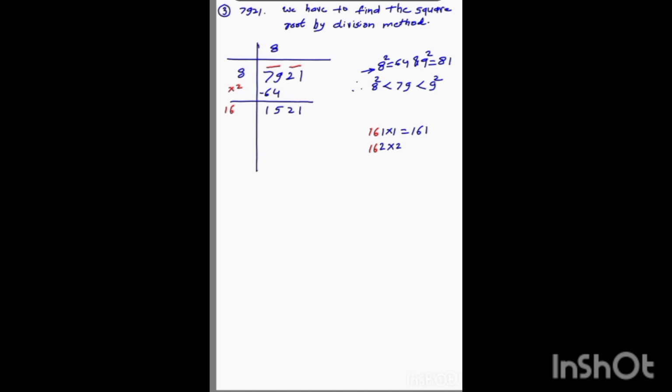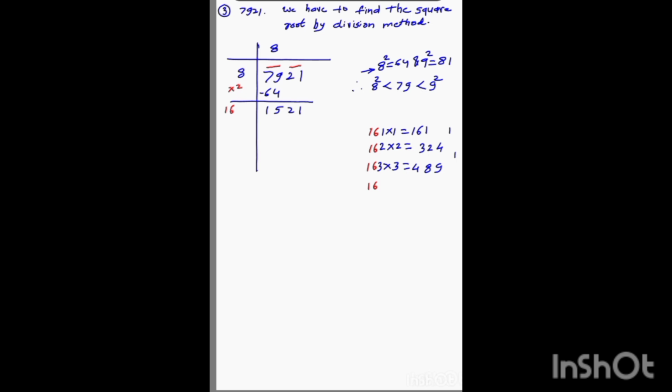Carry out this multiplication. 2 into 4, then 2, 324. Keep 16 only as it is. 163 into 3. See the way we are going. It is 489.